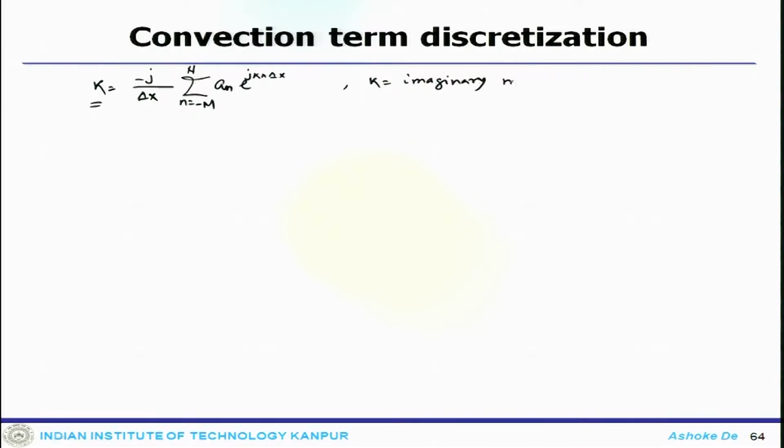Since k is complex, it will have two components, one real and one imaginary. So, one can think about writing k as the real part of k plus the imaginary part of k.